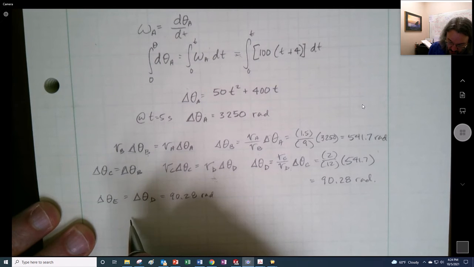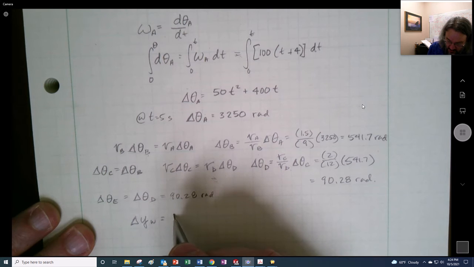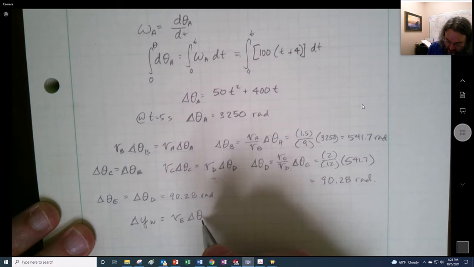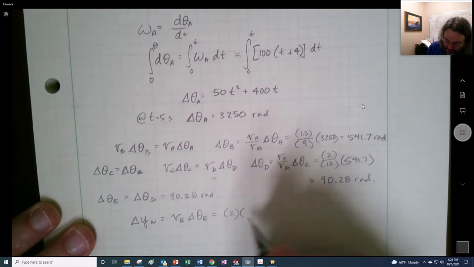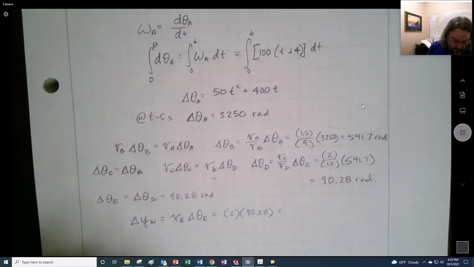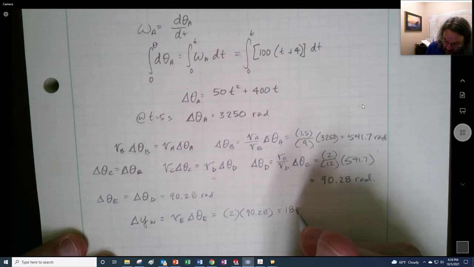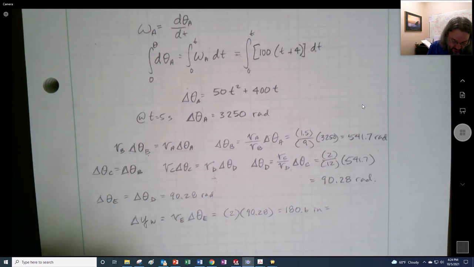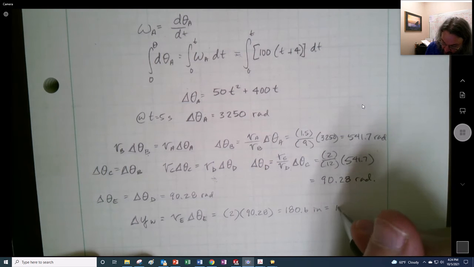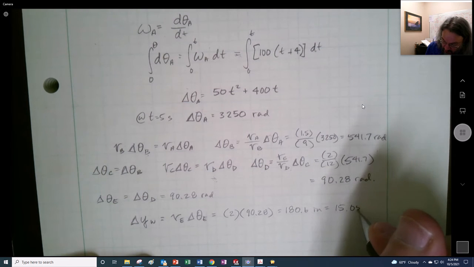So delta Y is going to be RE times delta theta E. So that's going to be 2 inches times 90.28 radians, which comes out to 180.6 inches, and divide it by 12, so we get 15.05 feet.